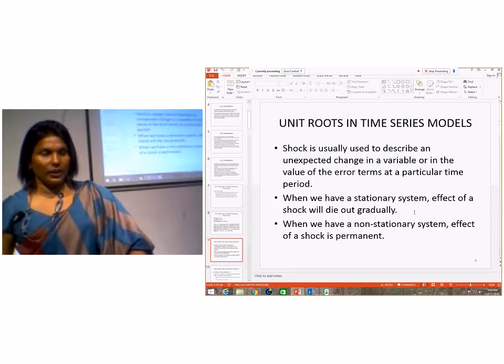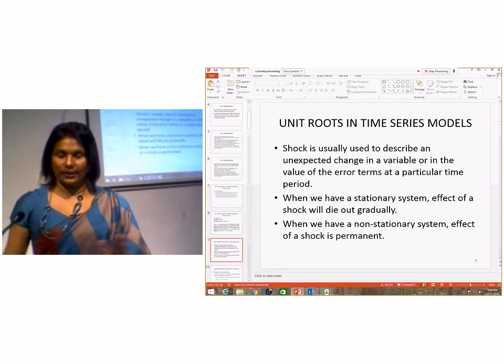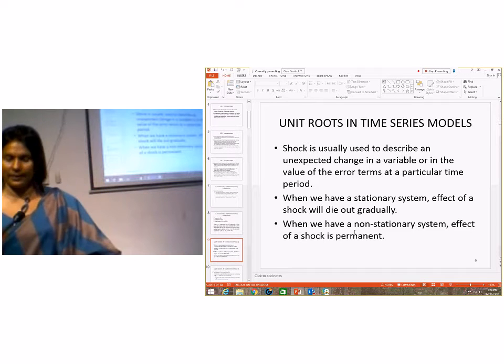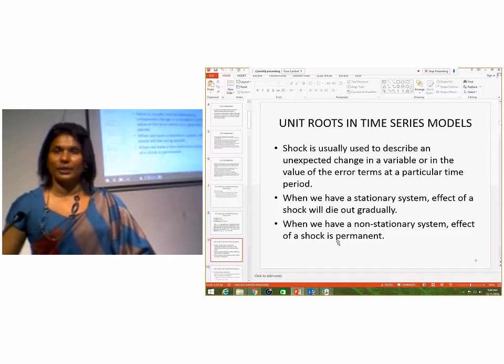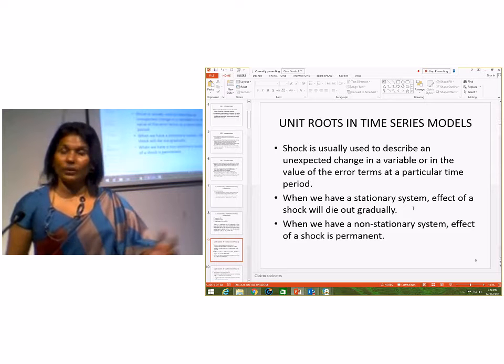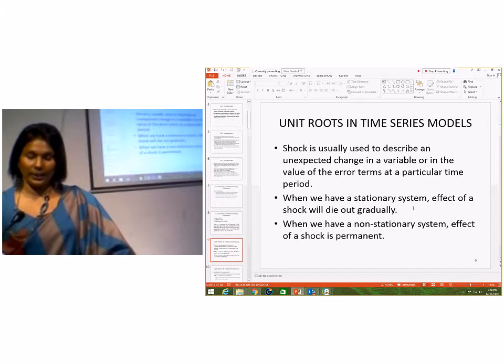When we have a stationary system, the effect of the shock will die out gradually. When we have a non-stationary system, the effect of the shock is permanent, so it doesn't go away.